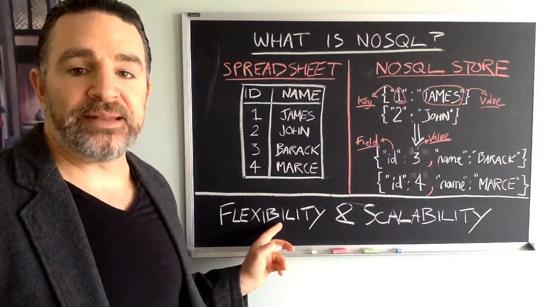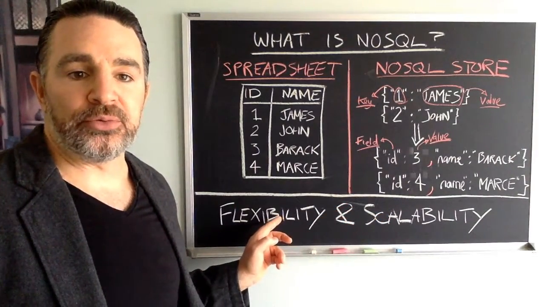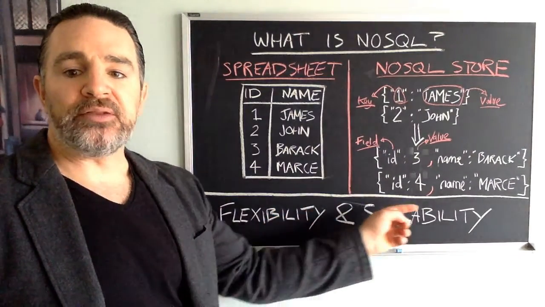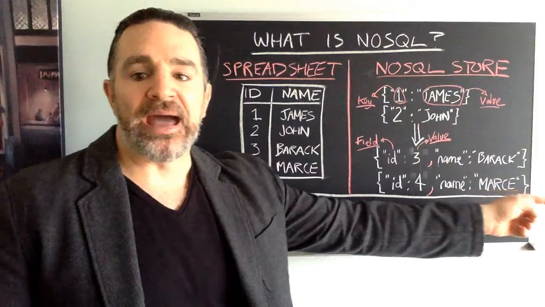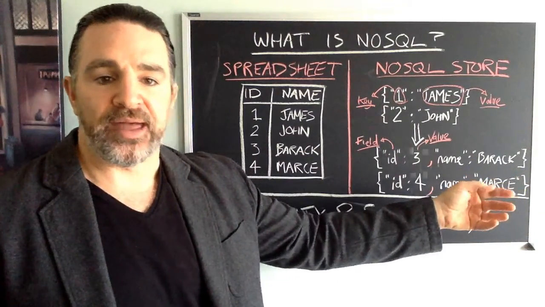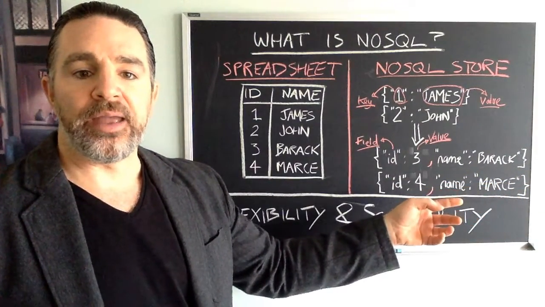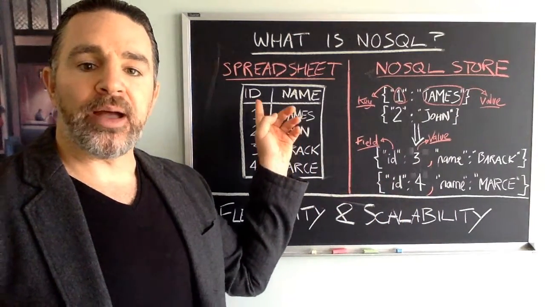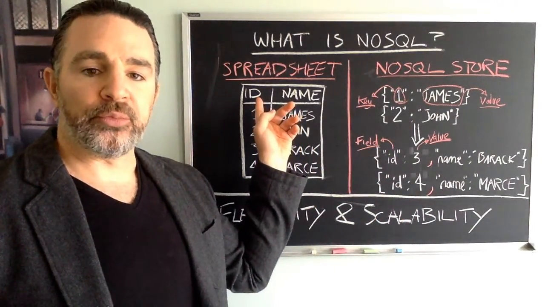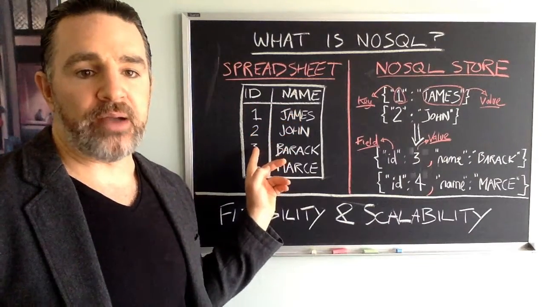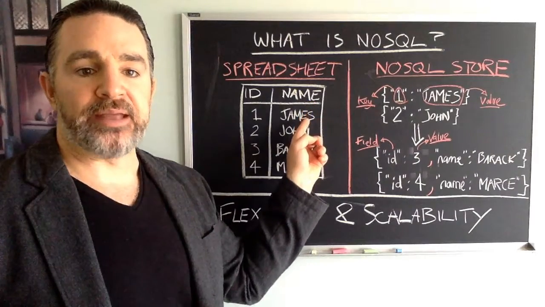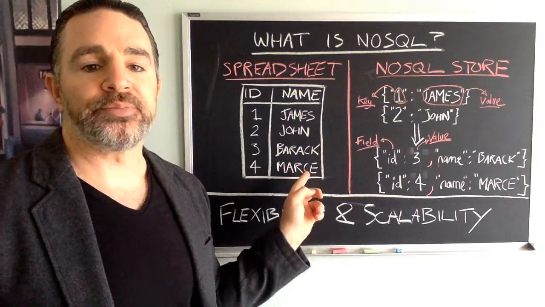This is the flexibility of NoSQL databases. Not only do you have the flexibility to add extra fields on the fly, you're also not constrained to data types. In the relational model, my ID field would most likely be an integer, a numeric data type, and my name field would most likely be a string, a textual field.